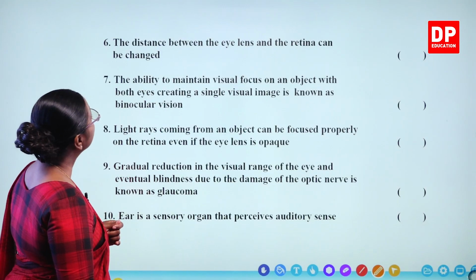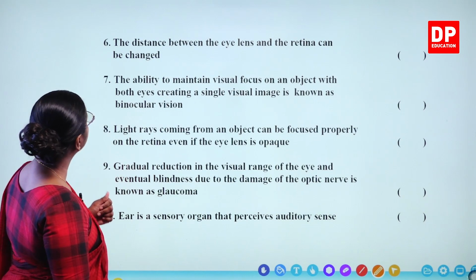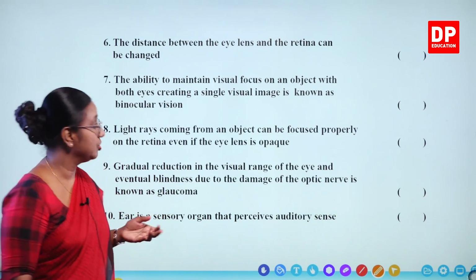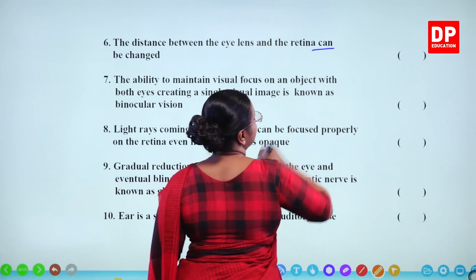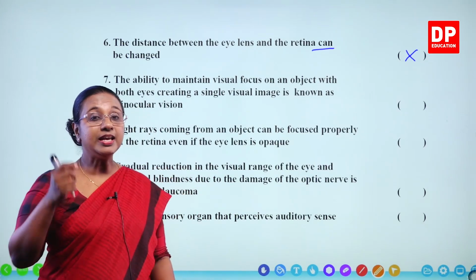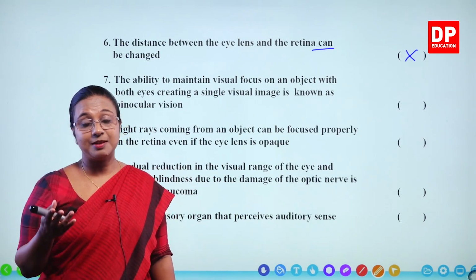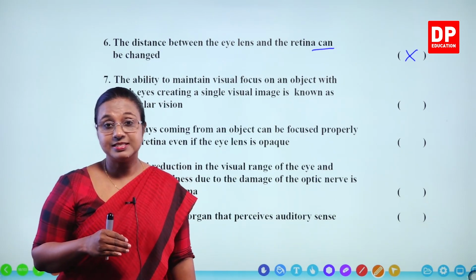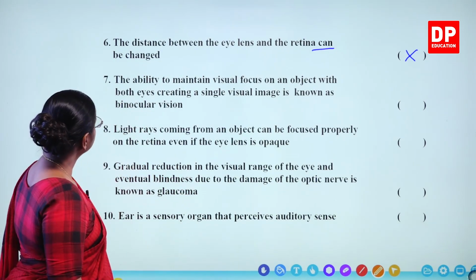The distance between the eye lens and the retina can be changed. Can we change the distance? No, we cannot change the distance. So that is false. That is why the curvature of the eye lens can be changed in order to observe close object and distant objects. Next one.